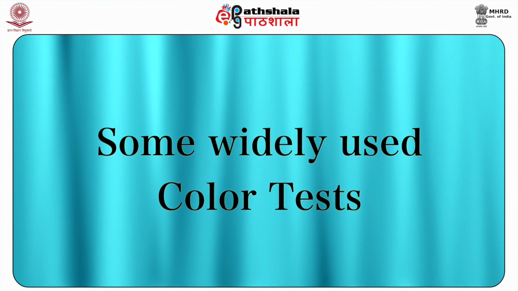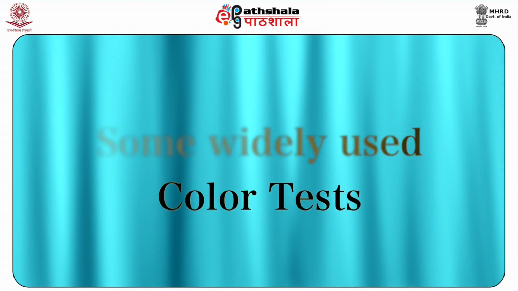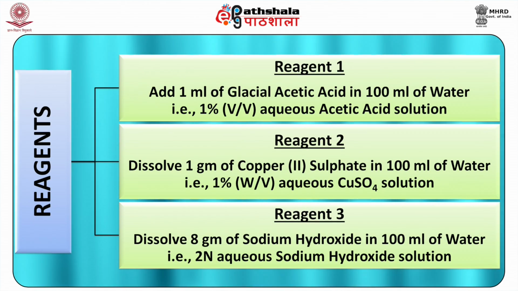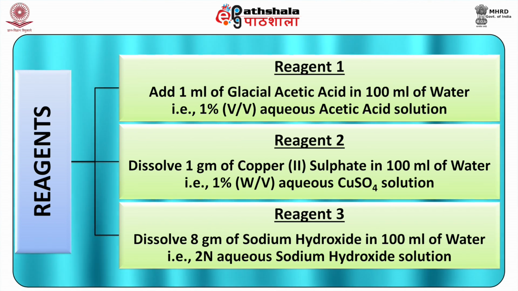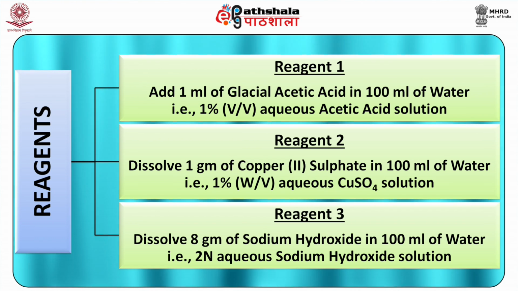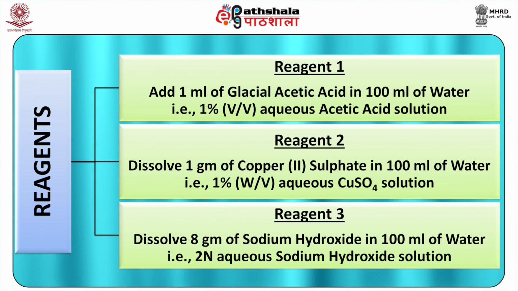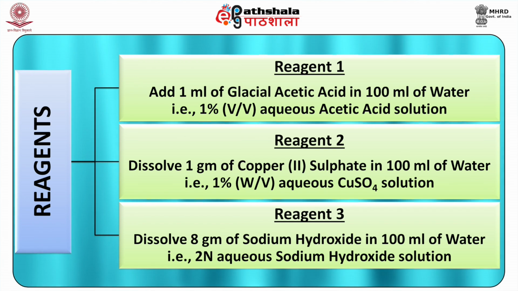Now we will study some of the widely used color tests. First is the Shen-Kao reagent test. Preparation of reagent. Reagent 1 is 1 ml of glacial acetic acid in 100 ml of water, that is, 1% volume by volume aqueous acetic acid solution.